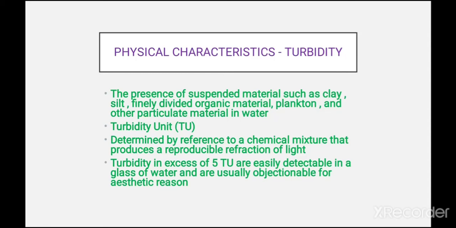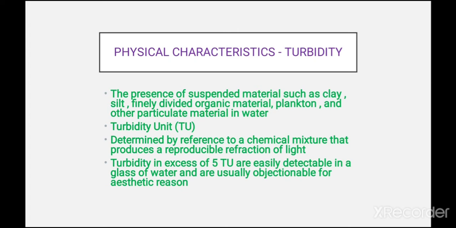So we have to discuss the physical, chemical, and biological characteristics of water. First, we will discuss the physical characteristics of water. What do you mean by the physical characteristic? Physical characteristics are the characteristics of water which are determined by the senses of touch, sight, smell, and taste.